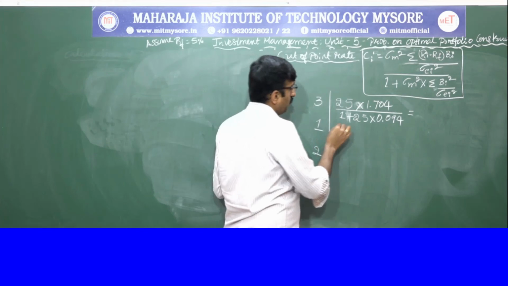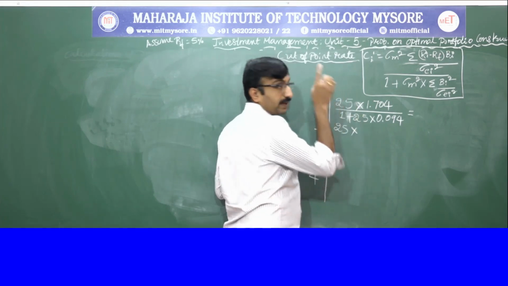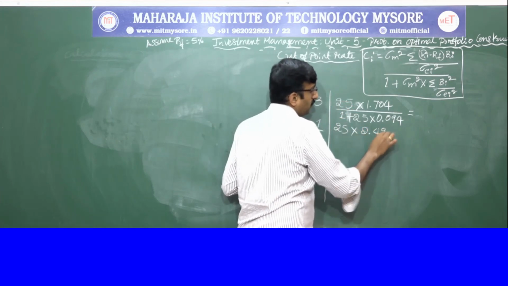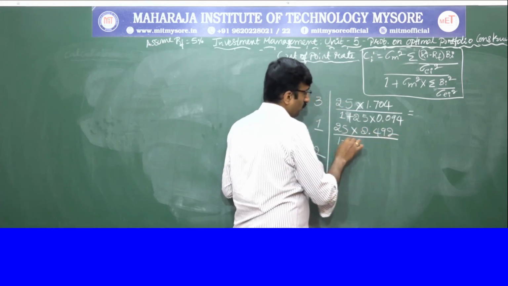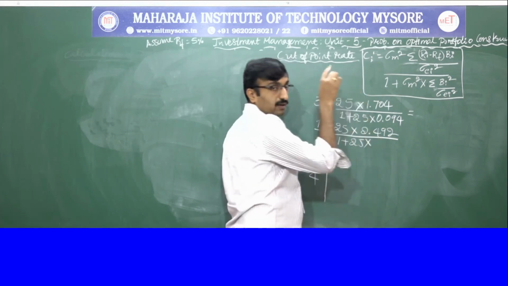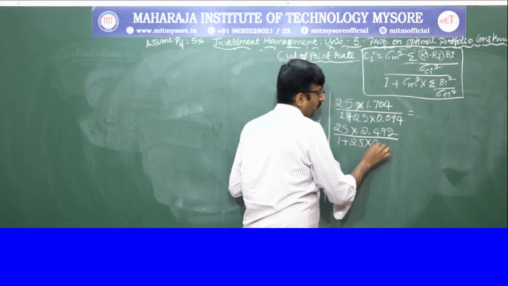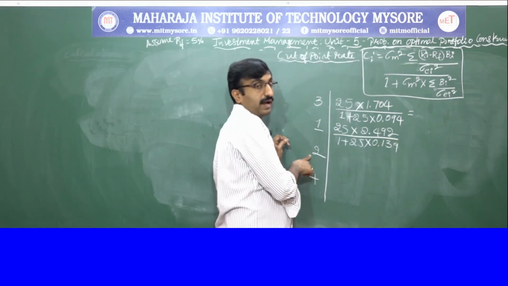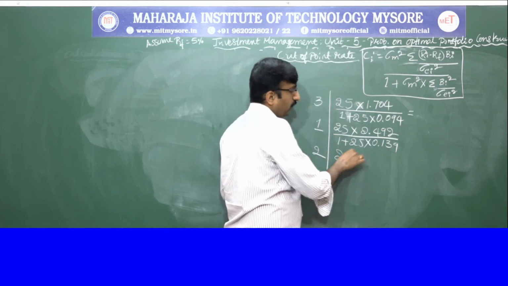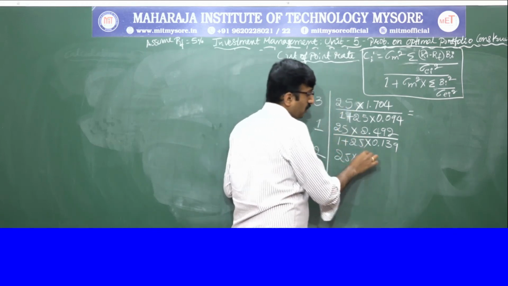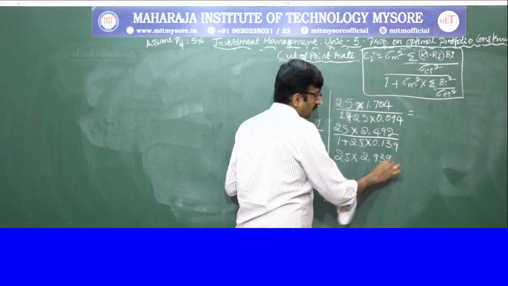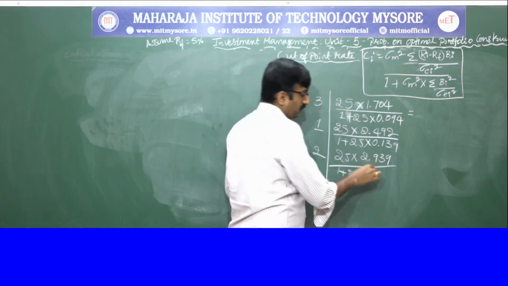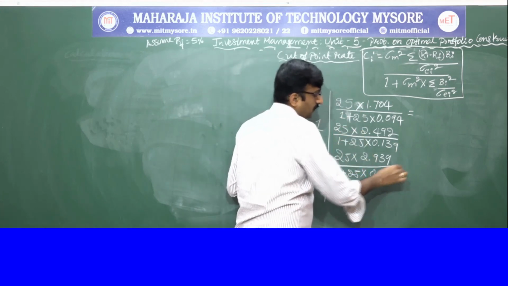Next, same thing for the second one, 25 into particular value of Ri minus Rf, that is 2.492 divided by 1 plus 25 into beta of the particular stock, that is 0.139. Same thing we do for the next rank, 25 into the particular Ri minus Rf, how much you got? 2.939 divided by 1 plus 25 into the beta of the particular, it is 0.167.